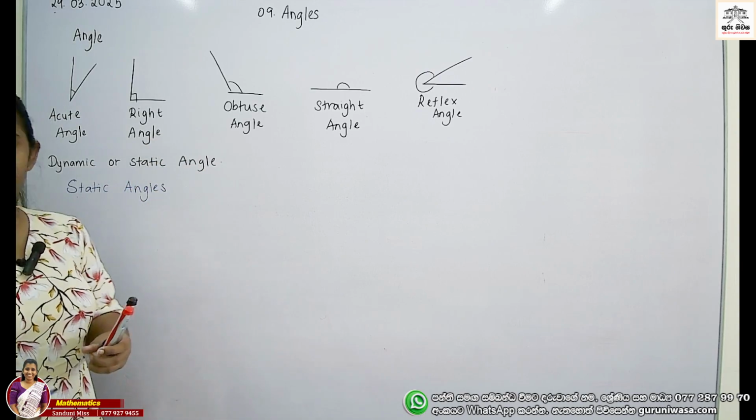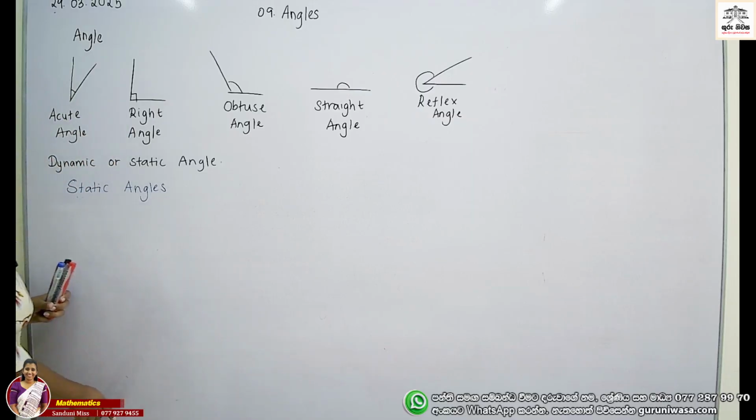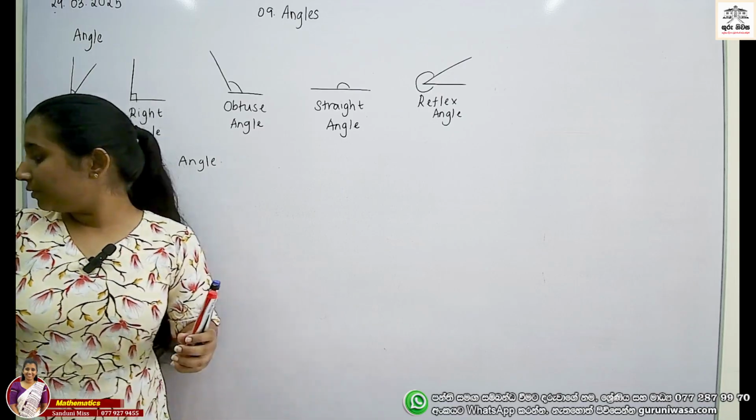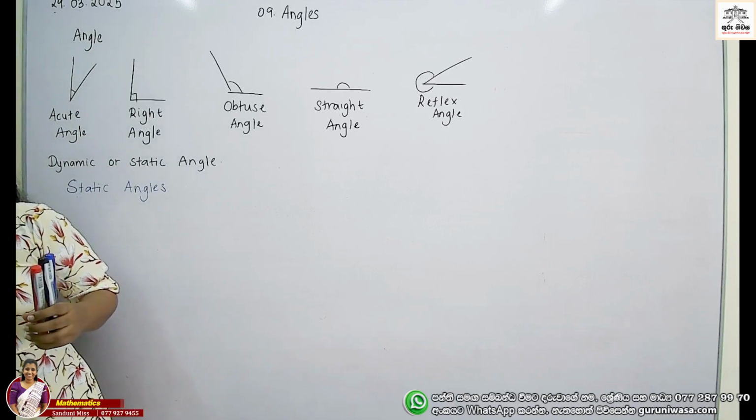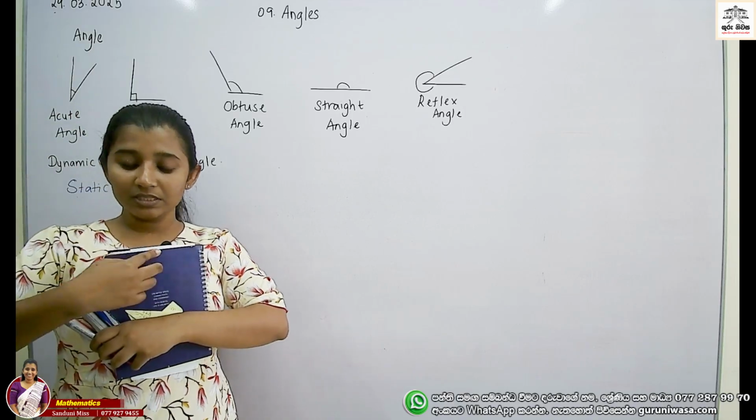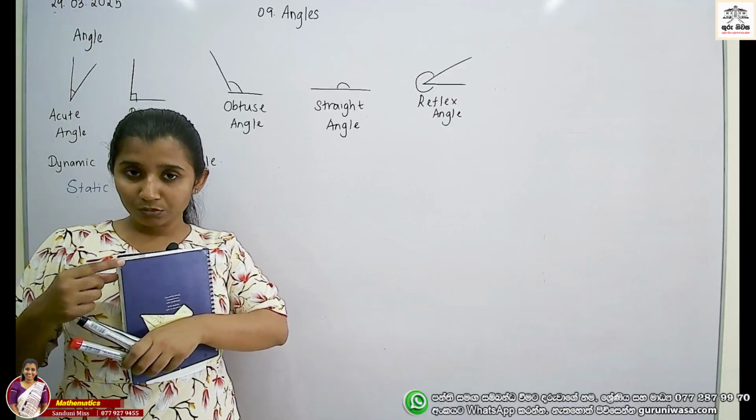What can you say of the angle which forms with the edge of this whiteboard, edge of the table, edge of a book? What can you say about the angle formed with the two edges?